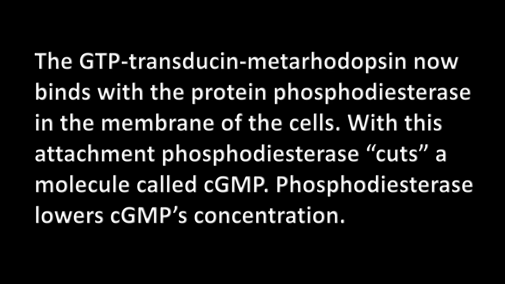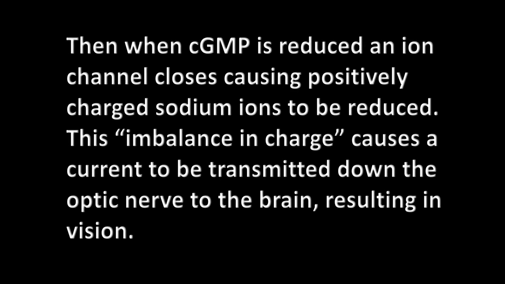With this attachment, phosphodiesterase cuts a molecule called cyclic GMP. Phosphodiesterase lowers cyclic GMP's concentration. Then when cyclic GMP is reduced, an ion channel closes, causing positively charged sodium ions to be reduced. This imbalance in the charge causes a current to be transmitted down the optic nerve to your brain, resulting in vision.